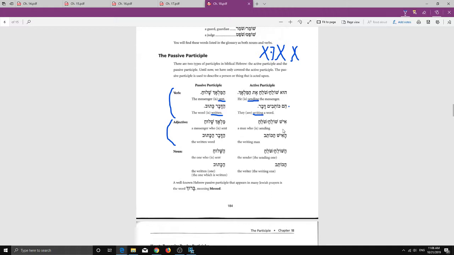Okay. Notice sholeach, shaluach. So here's that O, here's that U. Ha'ish hakotev, sorry, ha'ish hakotev. So the writing man, or the man, the writing one.